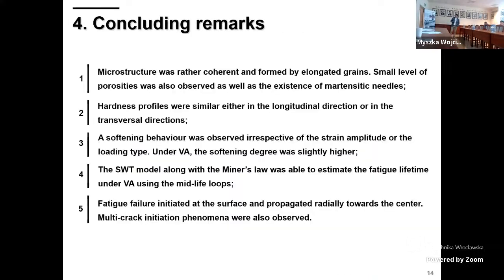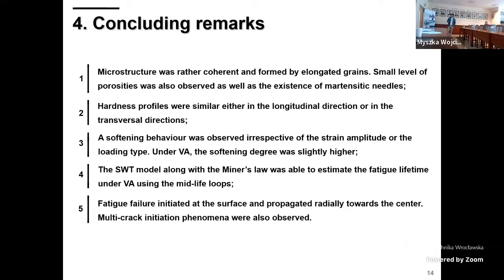So only a few conclusions. Regarding the microstructure, we have found that the microstructure was rather coherent and formed by martensitic needles. Hardness profiles were similar, regardless of the direction analyzed.